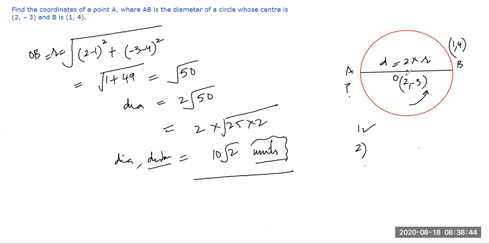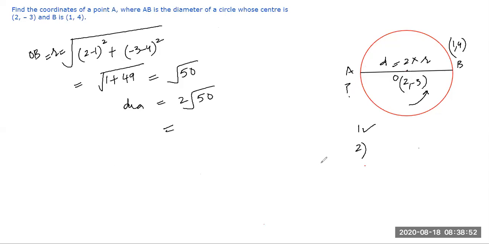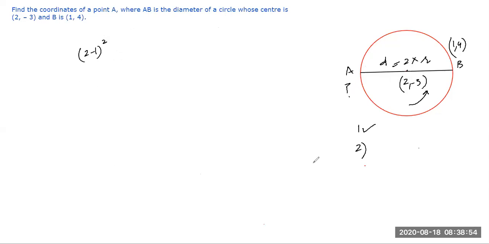We can find by another way also, like Hamza is saying. So this is a better method. You can also do it like that. He says that let's say the coordinates of A is x and y. So basically x plus 1 by 2 should be equal to 2 and y plus 4 by 2 should be equal to minus 3.